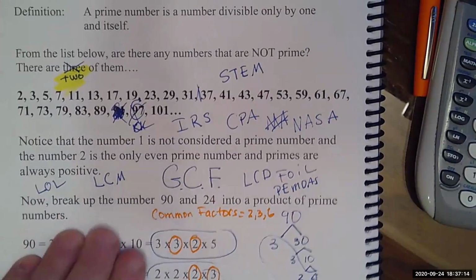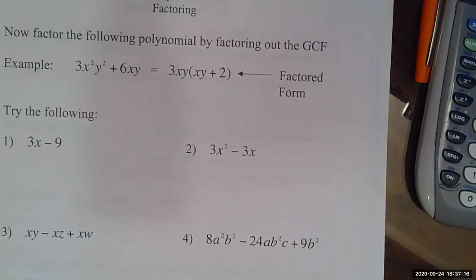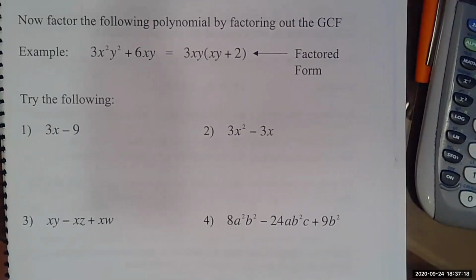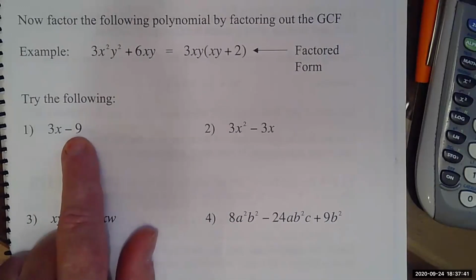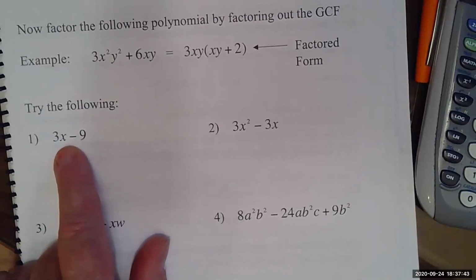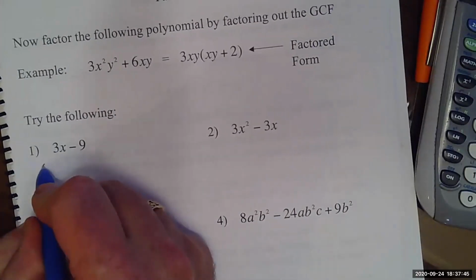Okay, so going over here, what we're going to do is try to factor off terms. Now, the other ones were just numbers, 90 and 24. Here we're going to have 2 terms with variables, and your job is to come up with the greatest, that's the biggest, and we'll start with the number. The biggest number that will go into 3 and 9 evenly, which I think you know is 3.